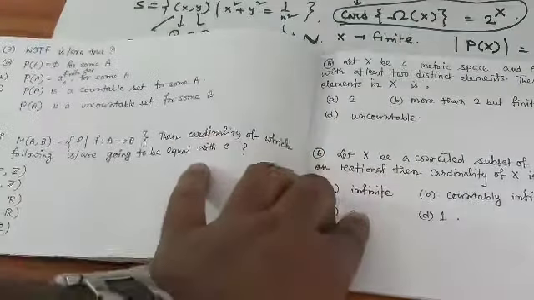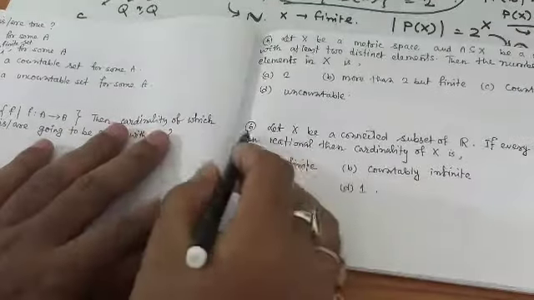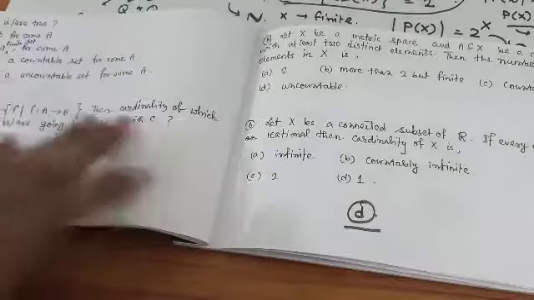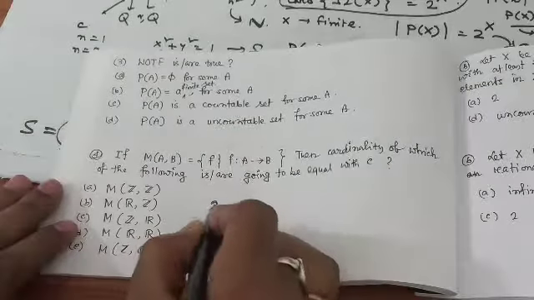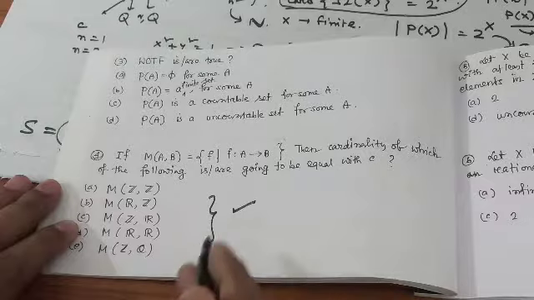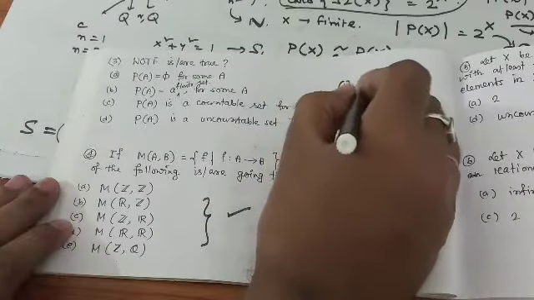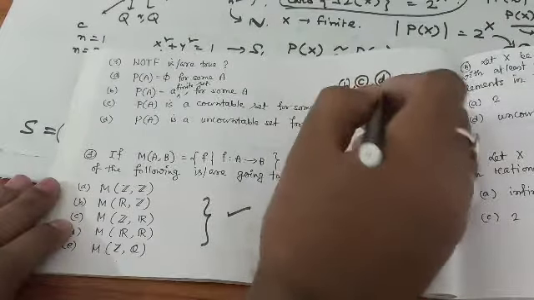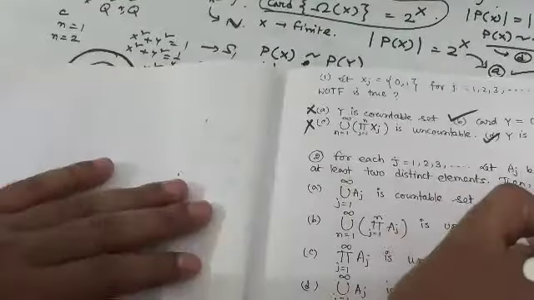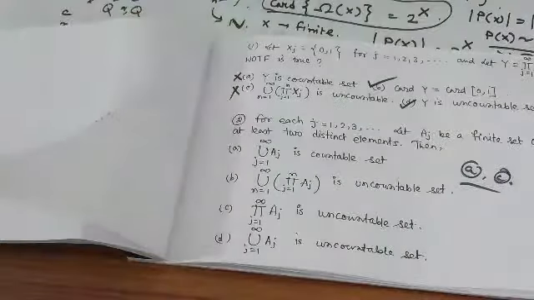Question number 6, its answer is going to be D. Question number 4, this answer is all, and question number 3, the answer is going to be B, C and D. And for this second problem, you have obviously A and C as your answer.